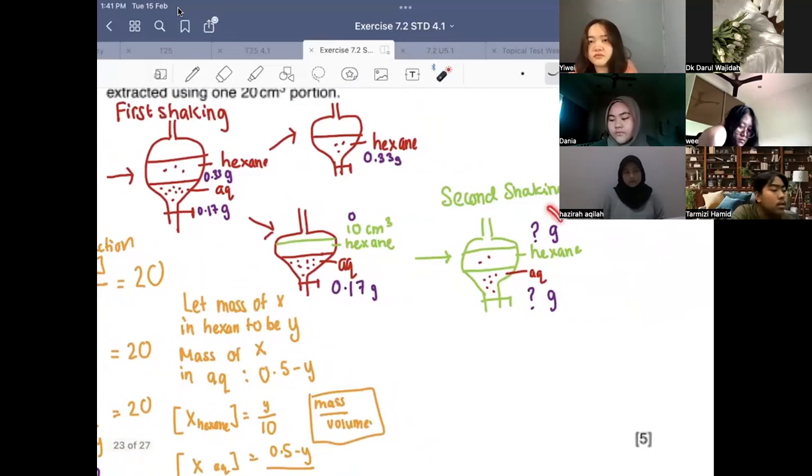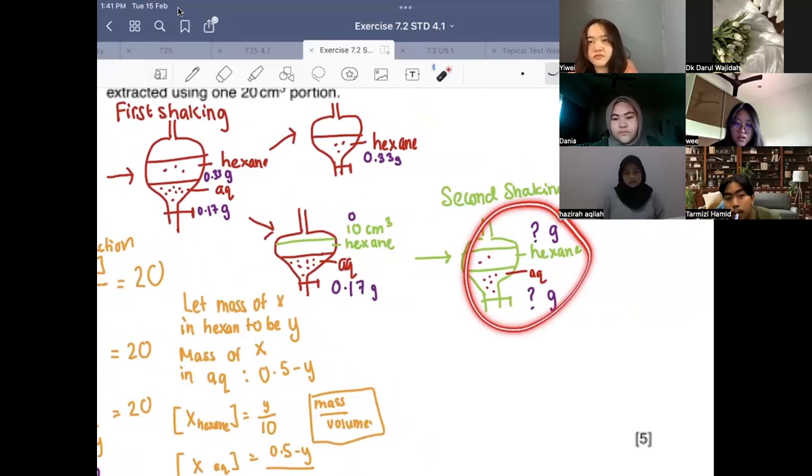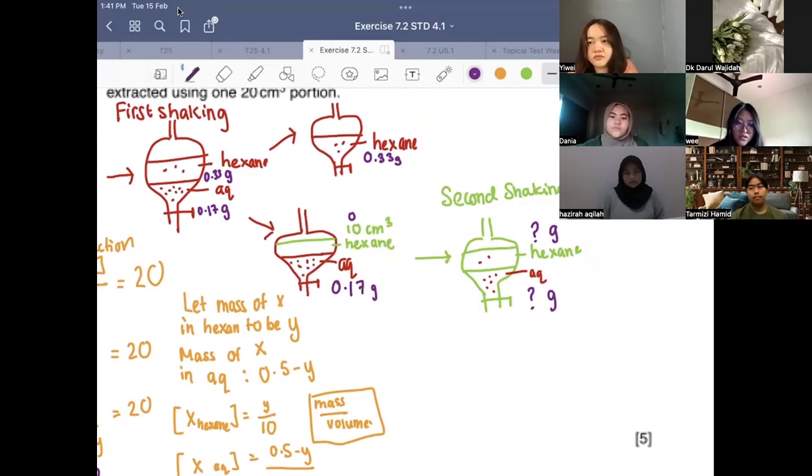Again, I do not know the masses in each layer, but I do know that the system is still the same. Same hexane, same aqueous, and same solute. And the only thing that is constant for this system is the KPC.